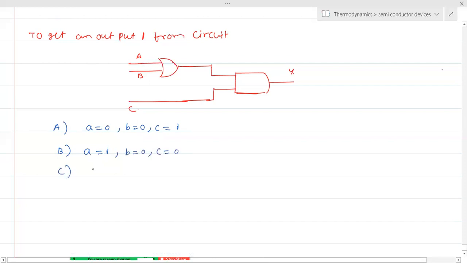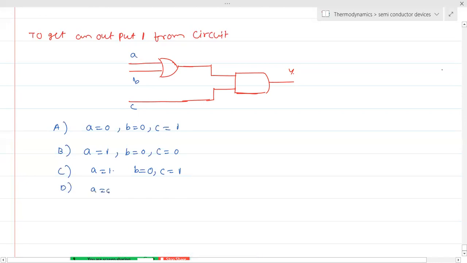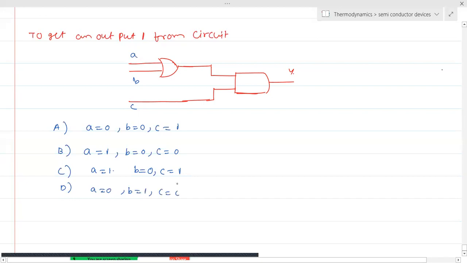The third one is A equal to 1, B equal to 0, and C equal to 1. And D is A equal to 0, B equal to 1, and C equal to 0.